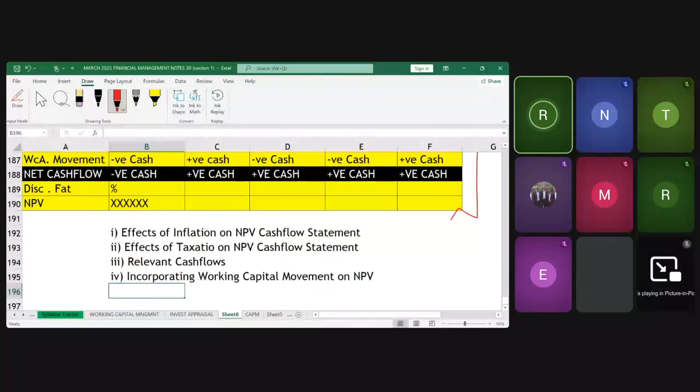So these are the items. This is what we then need to do. If we're able to cover those things, and any question that comes in terms of NPV cash flow, we should be able to compute NPV and advise management on whether they should accept or reject some of the projects.